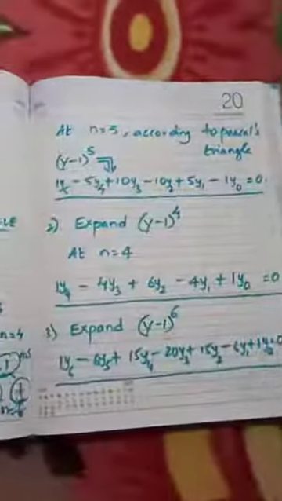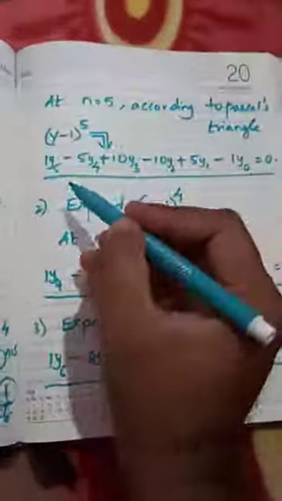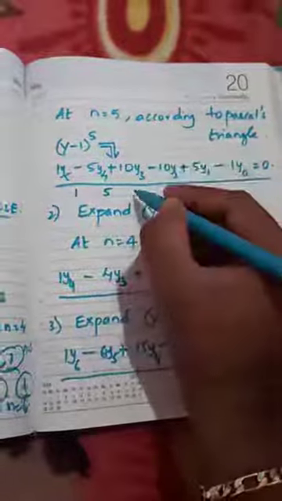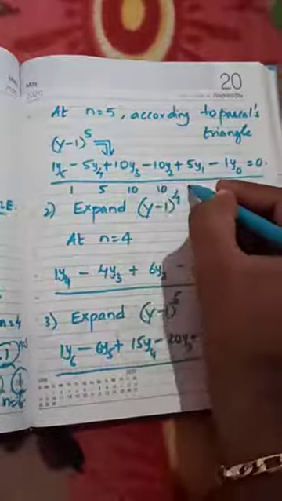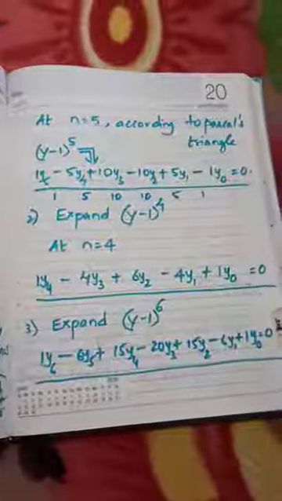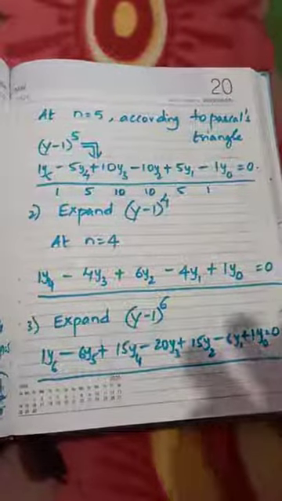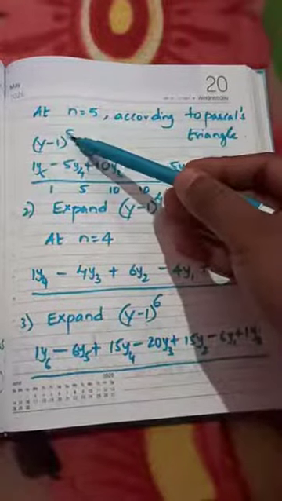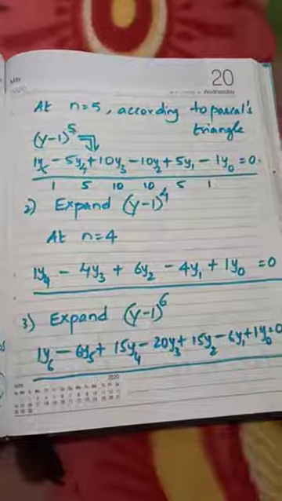See, for example, how this equation is written is 1, 5, 10, 10, 5, 1. First write Pascal's triangle line at n equals 5. How come n equals 5? The power, if you see, you take it as n.